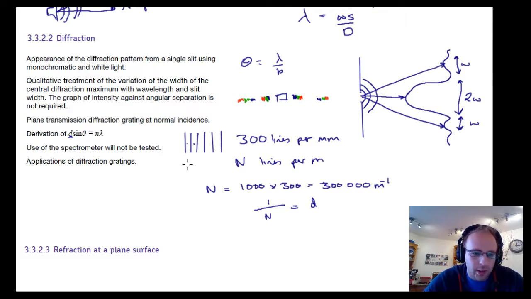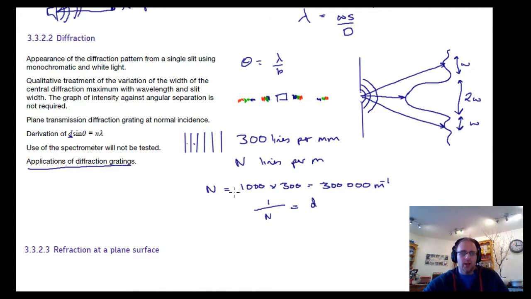Let's have a quick think about applications of diffraction gratings before we do the derivation, because I'll clear all that up. We can use diffraction gratings to split light out, a bit like a prism. It does a similar thing to a single slit, and we can get spectra from different light sources through a diffraction grating.